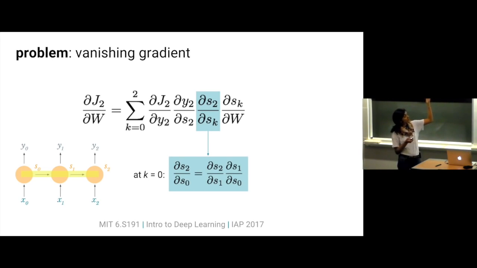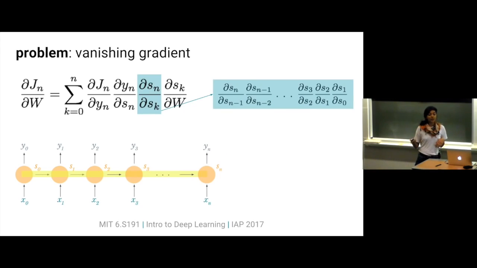So that term expands with the chain rule into the derivative of S2 with respect to S1, and then S1 with respect to S0. That doesn't look too bad. But what if we were looking at a much further on time step? What if we were looking at S sub n, which is arbitrarily far in the future, and we're trying to calculate how the error of w at time 0 contributed? Well, then that chain rule is going to get really, really long.